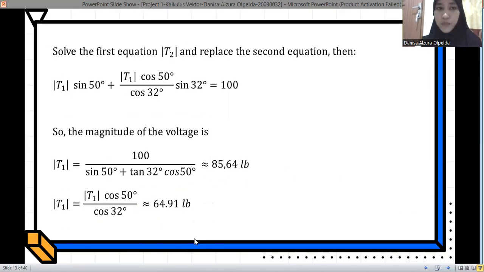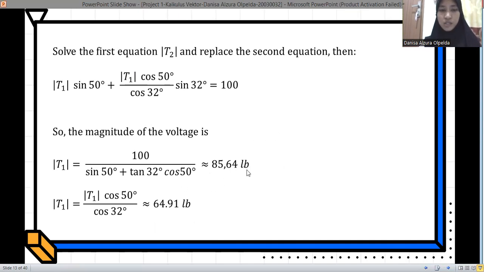Okay, the first step: we solve the first equation for |T2| and replace it in the second equation. Then |T1| sin 50 plus |T1| cos 50 over cos 32 times sin 32 is equal to 100. So the magnitude of the tension is this.